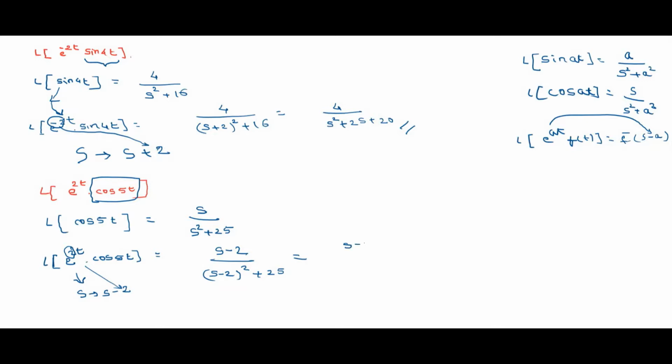That is s minus 2 divided by s square minus 4s plus 4 plus 25, which is plus 29.